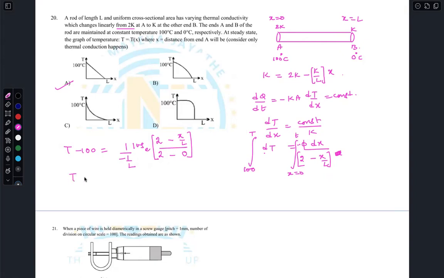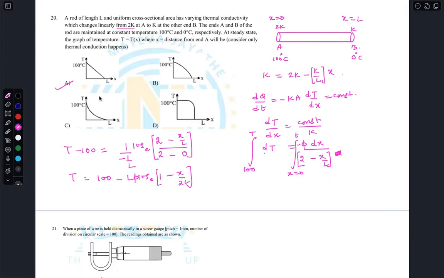So T is 100 minus L log e of (1 minus x by 2L), some function like that, with a constant also there. Fine, that is how your function is.